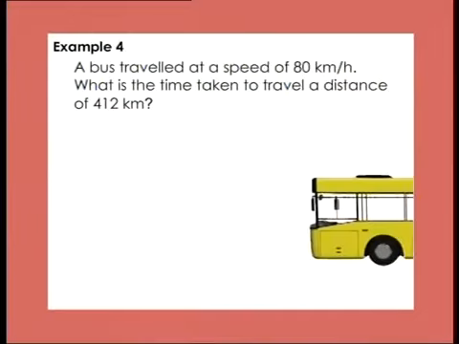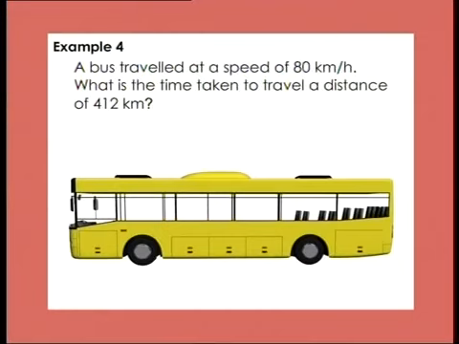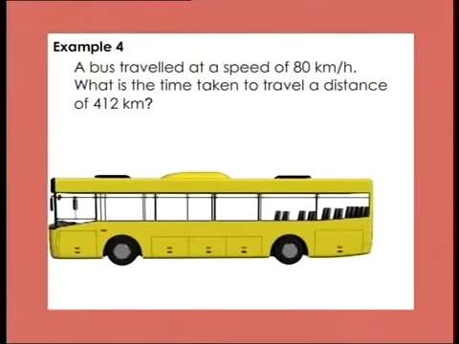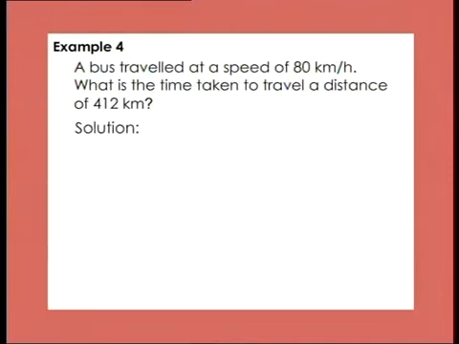Example 4. A bus traveled at a speed of 80 kilometers per hour. What is the time taken to travel a distance of 412 kilometers? Solution. S equals d over t. Thus, t equals d over s.